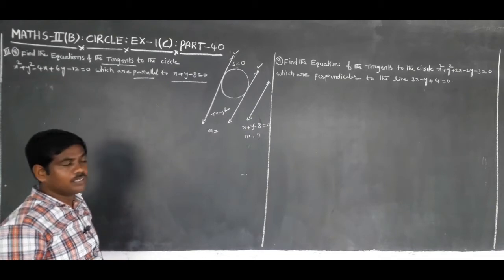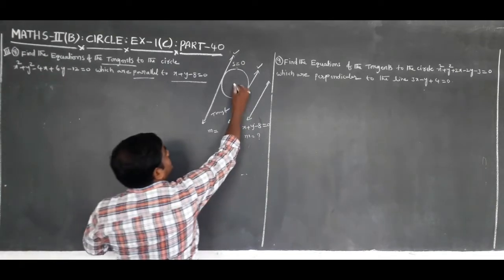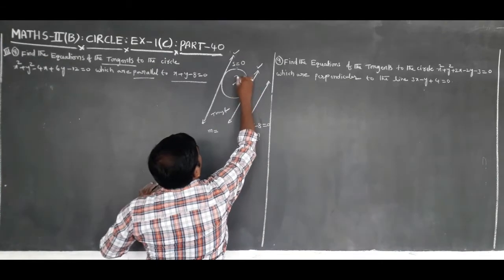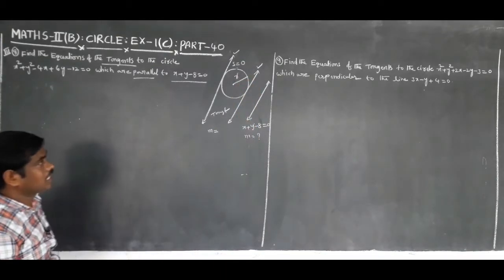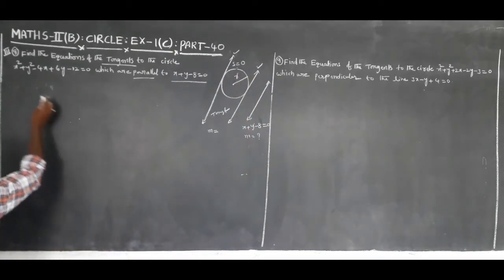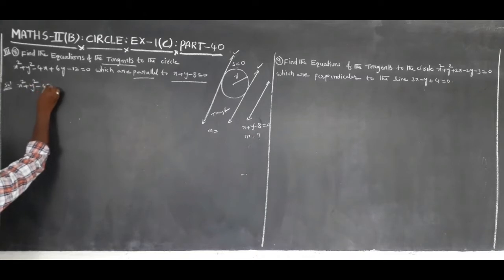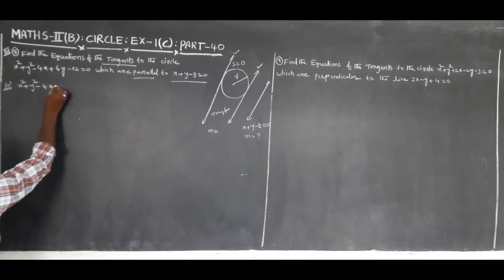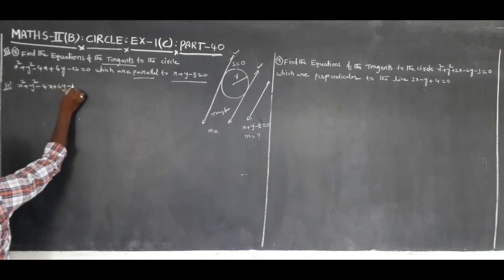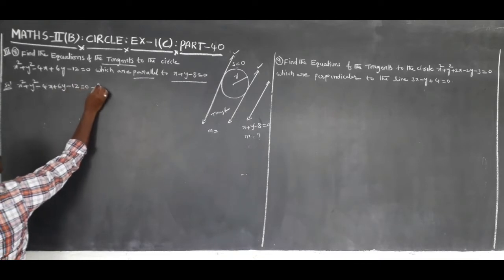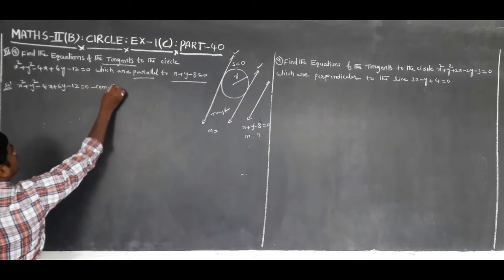Here, first of all, find the radius of the circle. The given equation of the circle is x square plus y square minus 4x plus 6y minus 12 is equal to 0.